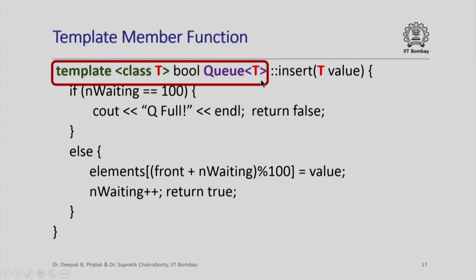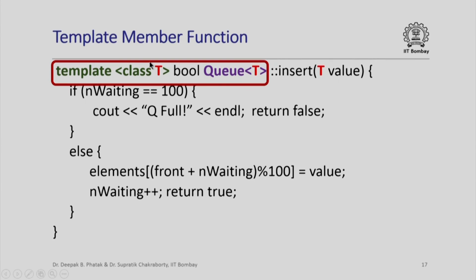Basically Q, which is a template class, and the generic data type I am using there is type T. And of course I have to prefix this entire member function definition by template <class T>. So this basically tells the compiler that I am using a template member function.